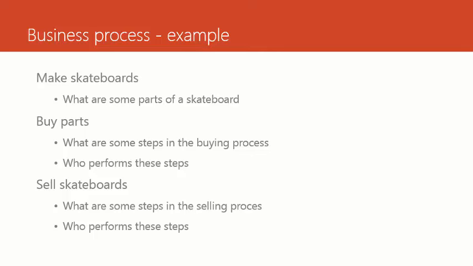They may be a sports store, and they want to order some of our skateboards. So we get the sales order, and we reserve some of the skateboards for that particular customer. We package it, we ship it, and we receive payment for it. So these are the steps for selling.